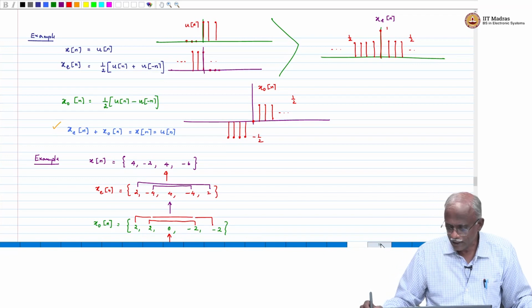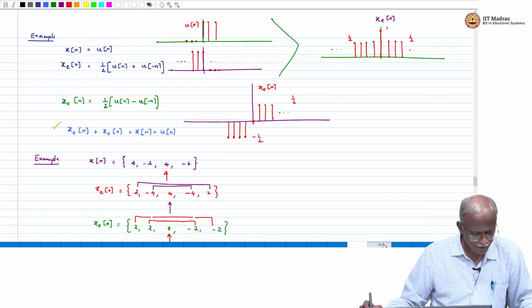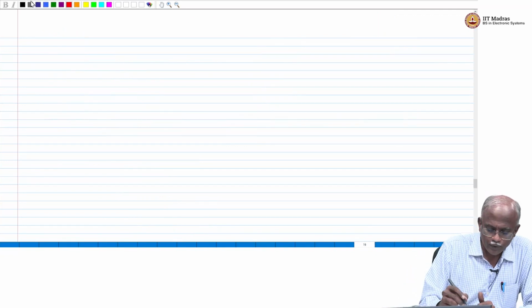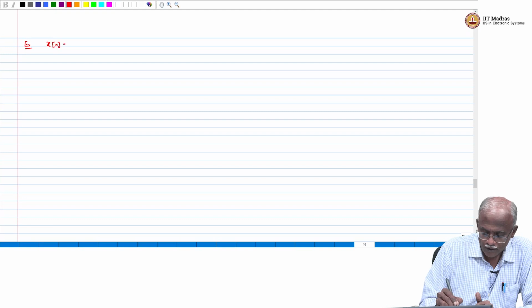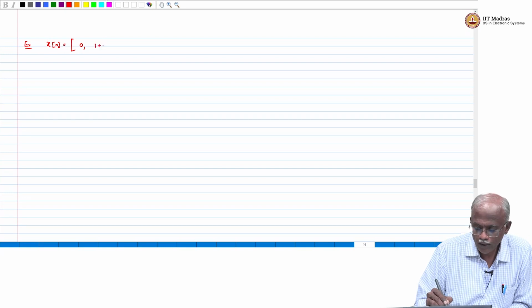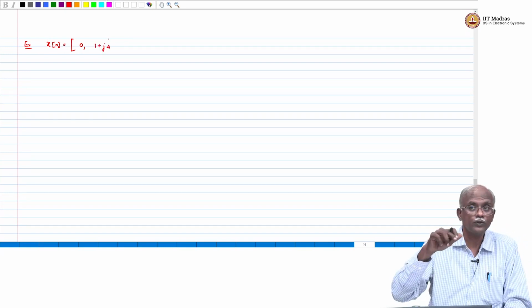And as a final calculation or example, I would like you to look at a complex sequence. So x of n has complex valued samples. The first sample is 0, the second sample is 1 plus j4, where j is square root of minus 1.